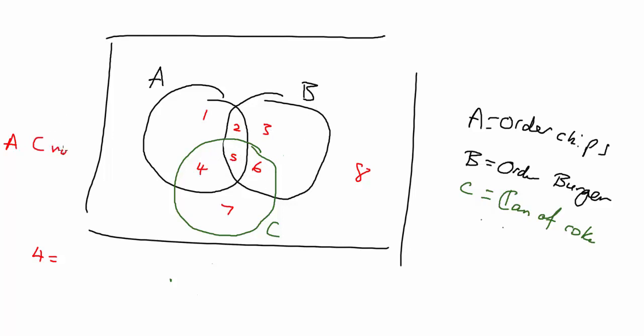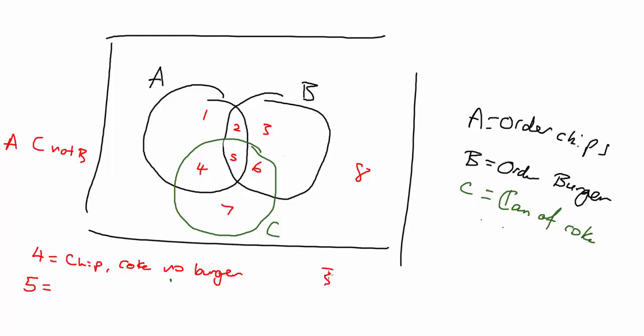So it's almost like not B. So number 4 would be someone who orders chips, gets a Coke, but no burger. Okay, does that make sense? Number 5, by the way, is the one and only area which overlaps every single one. It's inside the A circle, the B circle and the C circle. So that's someone who orders chips, burger and a Coke.